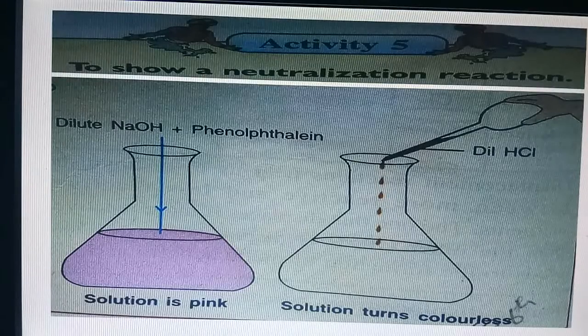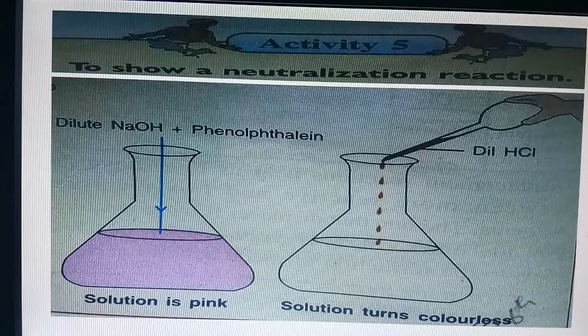Because of the effect of sodium hydroxide, this solution was turning pink when coming in contact with phenolphthalein. But now, as hydrochloric acid is added slowly, the effect of sodium hydroxide is reduced. As a result the color goes on fading, and finally it turns colorless.